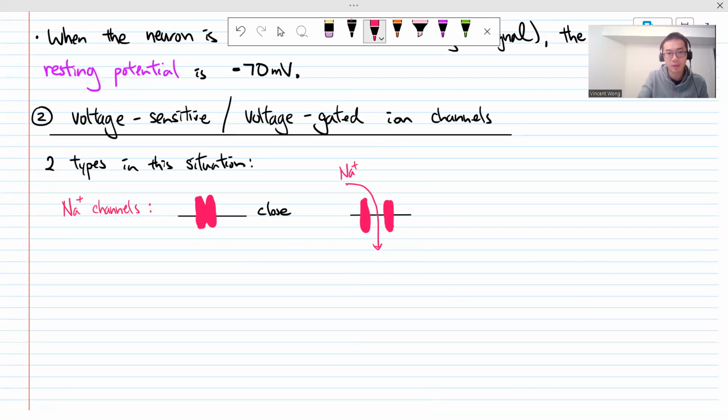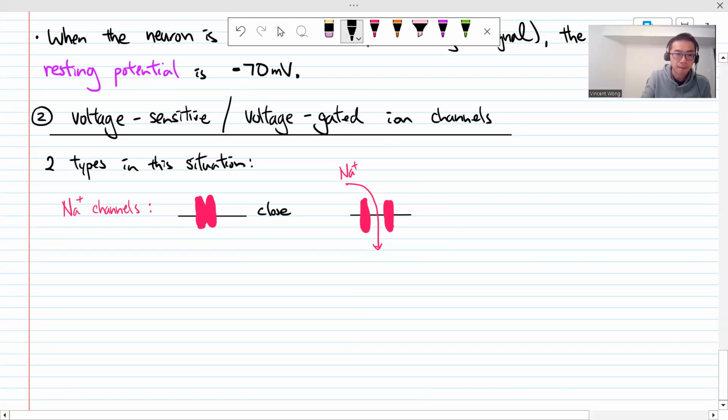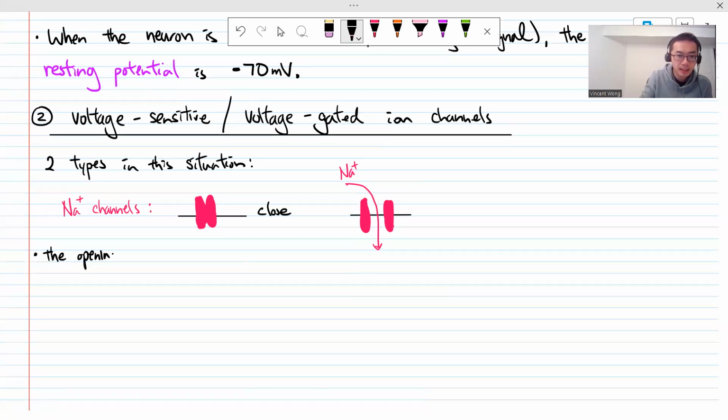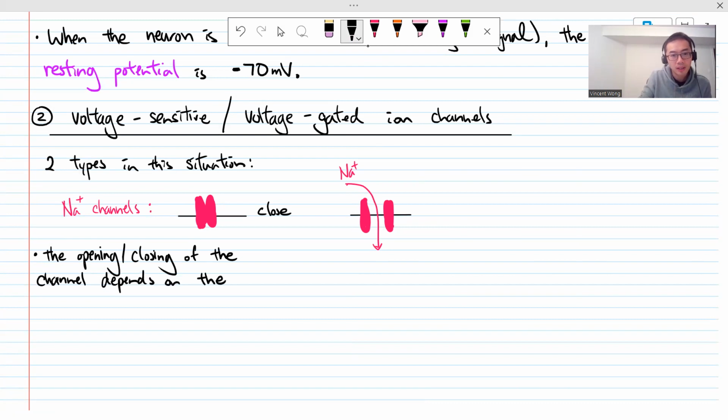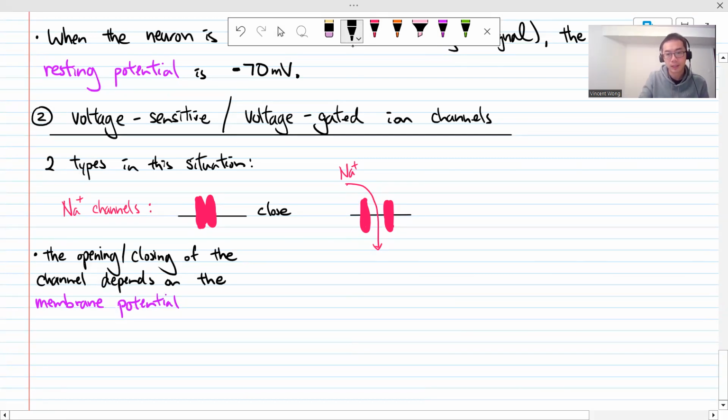When it's closed, nothing passes through. The opening and closing of the channel depends on the membrane potential.